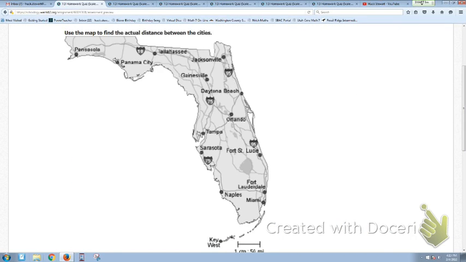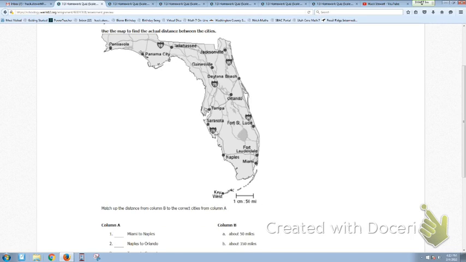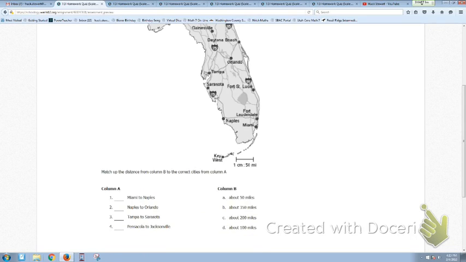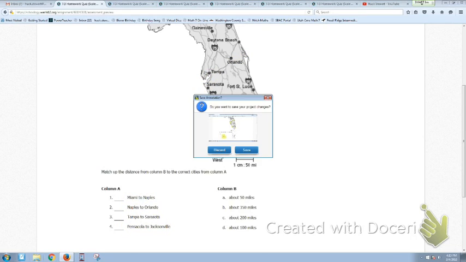Okay, the map one. Let me just take a look. So what you have down here at the bottom, column A, there are 4 pairs of cities that have distances, so like Miami to Naples, Naples to Orlando, so from here to here, Tampa to Sarasota, so from here to here, and then there's one at the very top, Pensacola to Jacksonville, which is at the very top here.